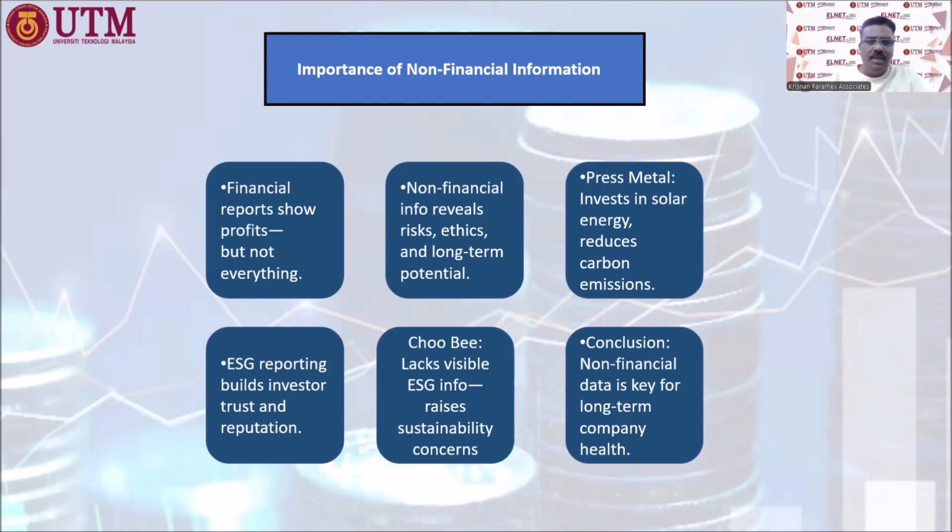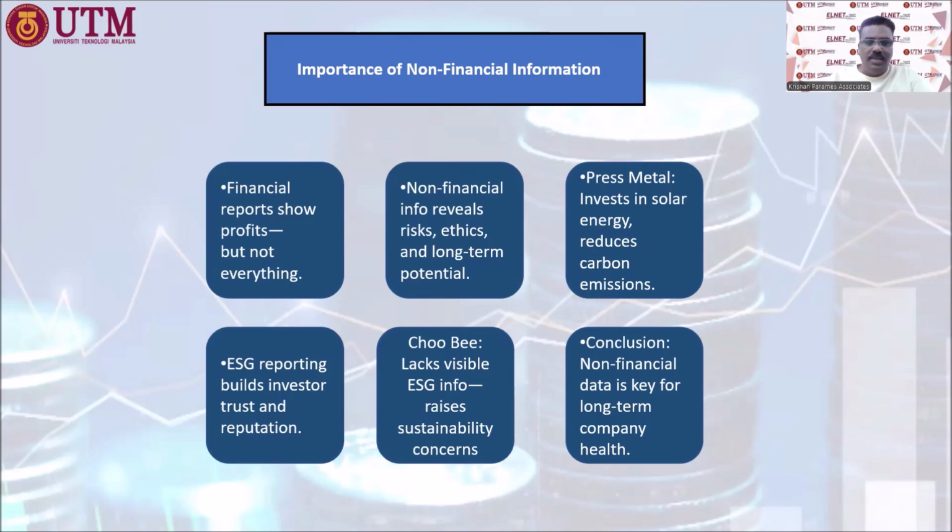For example, Pressmetal is investing in solar energy and actively working to reduce carbon emissions. This effort shows they are planning for a sustainable future, which appeals to both regulators and investors.